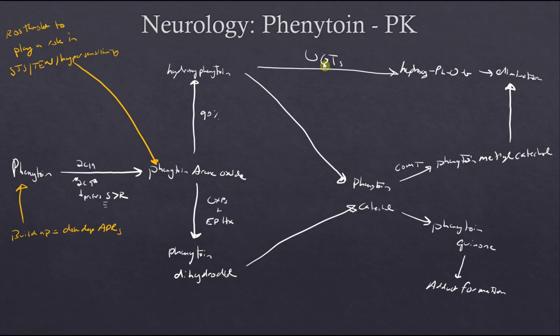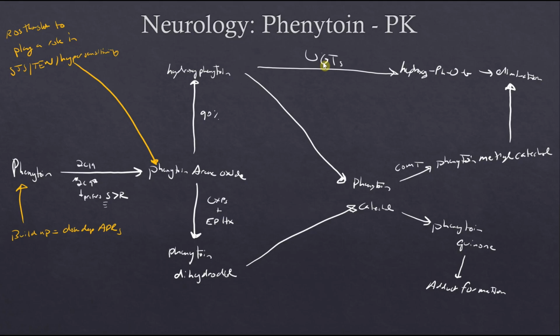It's also metabolized into phenytoin catechol, which the other pathway is as well. So despite the differences in the amount of metabolism that phenytoin-arene oxide goes into, they end up both becoming phenytoin catechol, which can be methylated by COMT, which further goes to elimination.